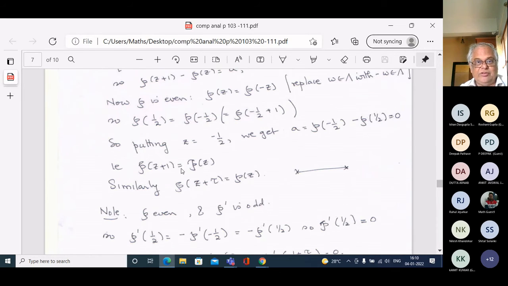That means A is 0, and therefore P(z plus 1) is P(z), and similarly, you can get P(z plus tau) is P(z). So this tells you that P is doubly periodic. So P is an elliptic function of order 2 with double poles at each point in that lattice.